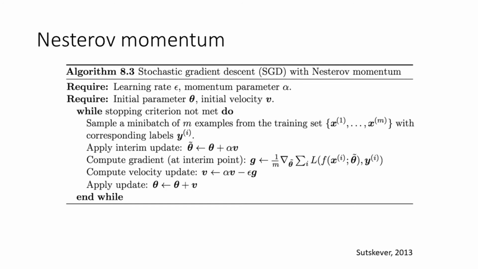So yeah, we apply basically a fake weight update to get a fake gradient, we'll call it, and then we apply our fake gradient to our true velocity to get a new velocity, and then we apply that new velocity to our weights immediately. And then that new velocity also gets applied to the next loop. Yeah, so then that new velocity will be used to compute our fake parameter updates.